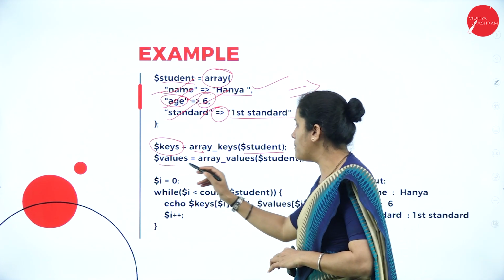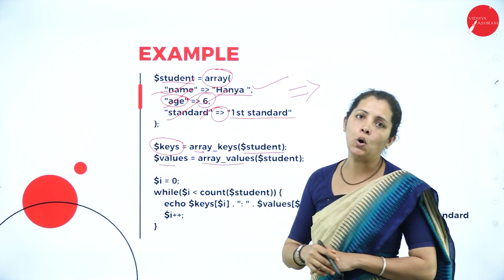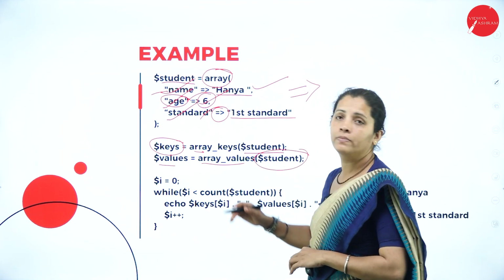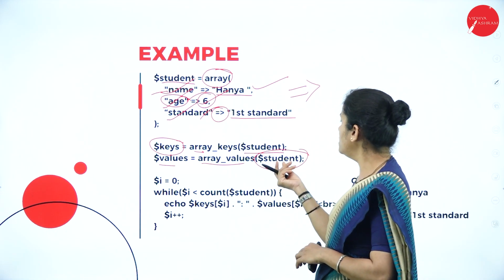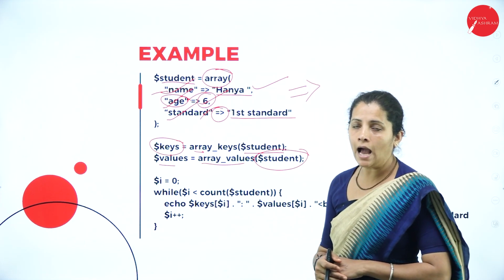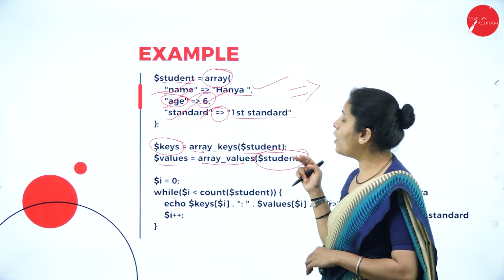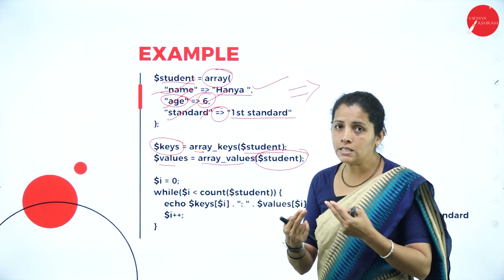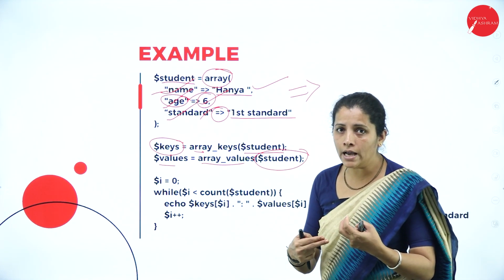For value I call a function called array_values, passing the array variable student. Now, dear student, how many elements do I have? Three elements.